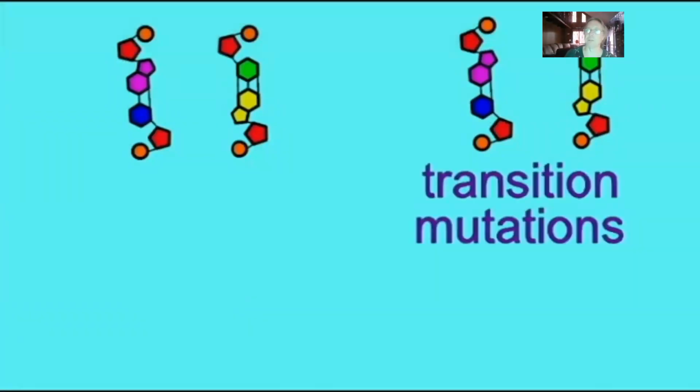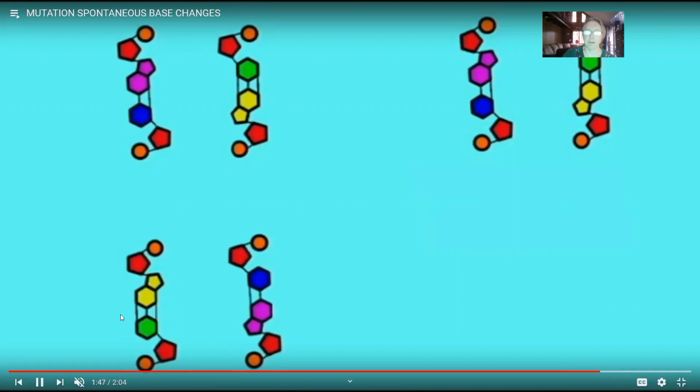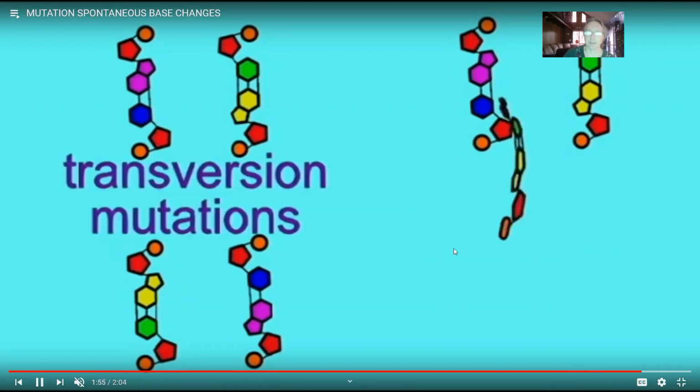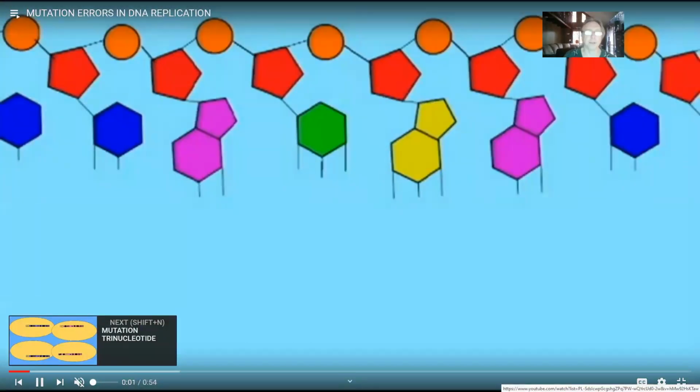There are major and minor forms, and as a nucleotide transitions from one form to another, this can result in transition mutations, where if you look, the pyrimidine here, thymine, is replaced by another pyrimidine, or this purine is replaced by another purine. They would be transition mutations, while transversion mutations would change a pyrimidine into a purine. So that's a cause of mutation.